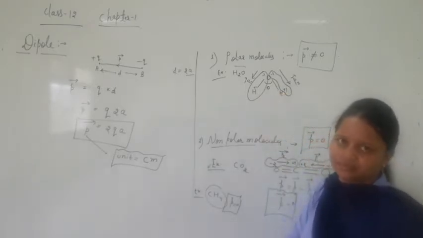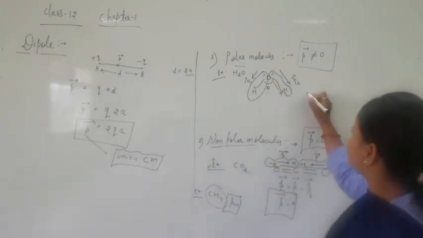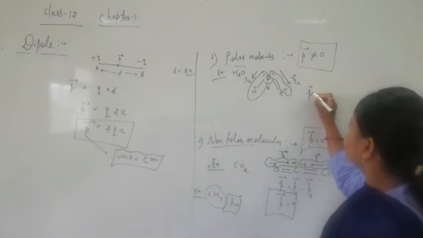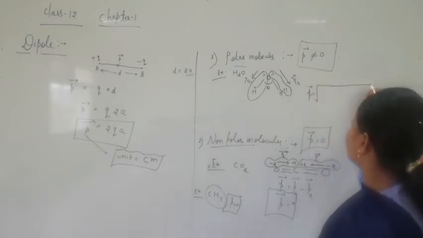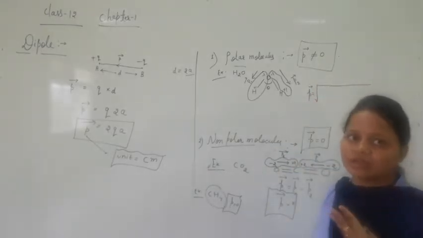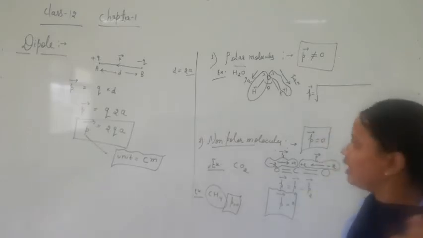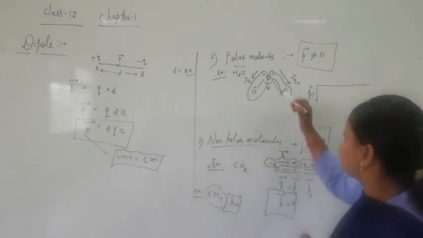So the resultant dipole moment is calculated by the formula already studied in 11th class in the vector chapter.